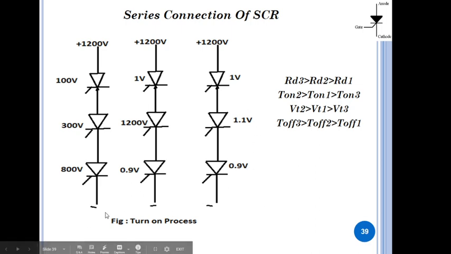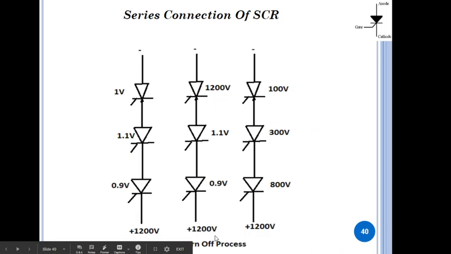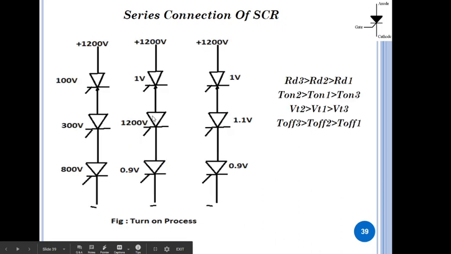So from this we are concluding some points. During the turn on process, when a number of SCRs of the same rating are connected in series combination, even though they are the same rating, the voltage distribution across each SCR is different.